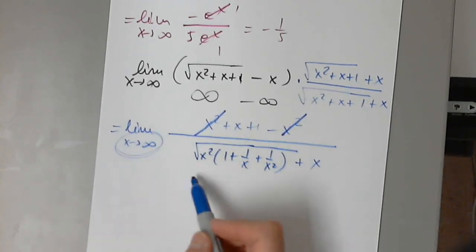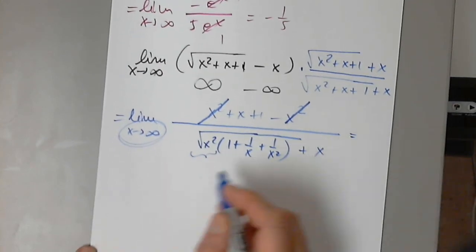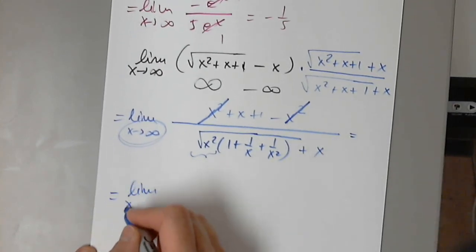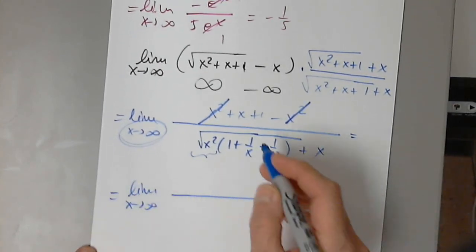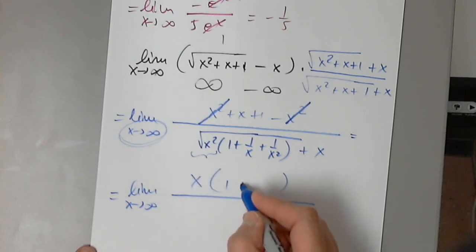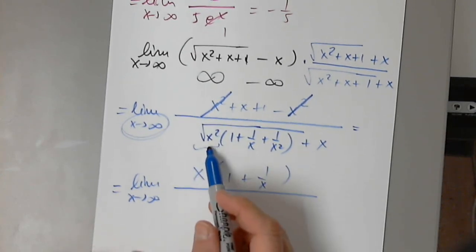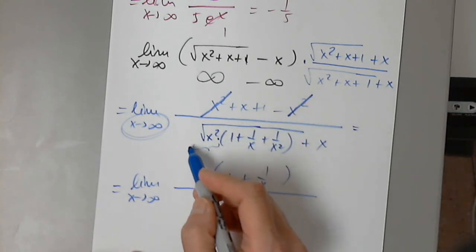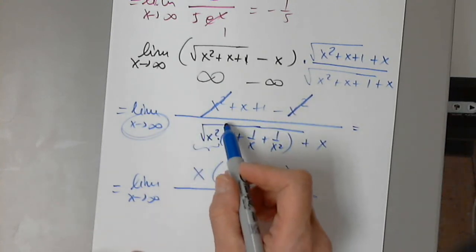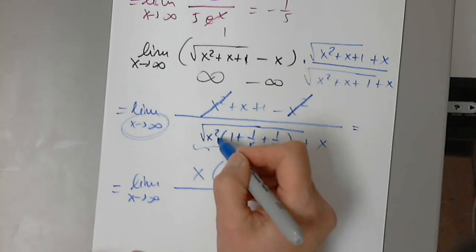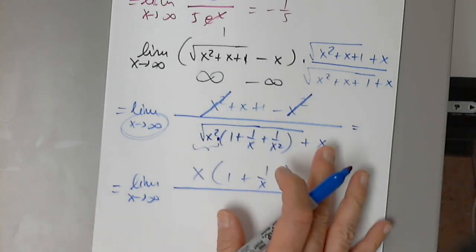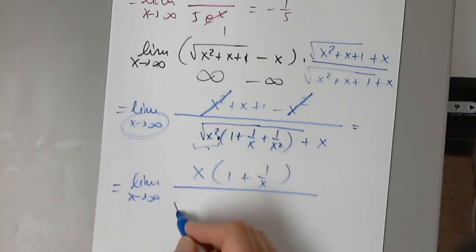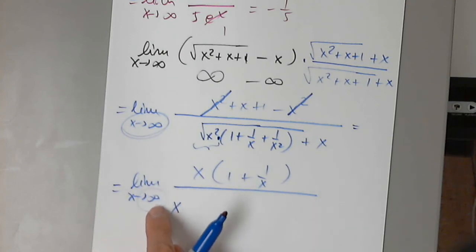Because x approaches infinity, this piece in a moment will become the limit as x approaches infinity. I factor out the degree at the top. And I factor out here the square root of x squared times the square root. This is a product. I'm allowed to write the square root of this times the square root of this because it's a product. With a sum, I cannot do that. So the square root of x squared will be x only because x approaches infinity.